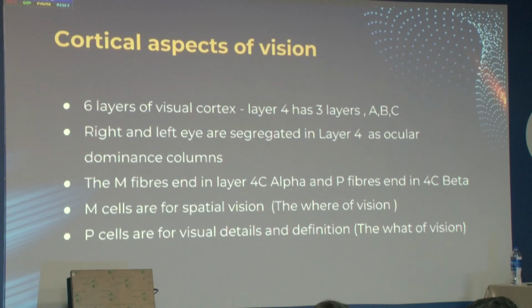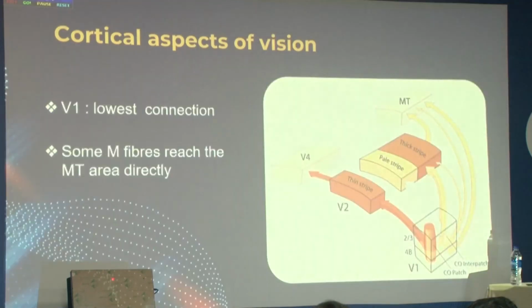Why do top-down impulses work? Because top-down impulses discharge not just in the synapse, but beyond the synapse. And in amblyopia, the primary problem is at 4C beta. That's where P cells end, in 4C beta. And in that synapse, we have a problem in amblyopia.